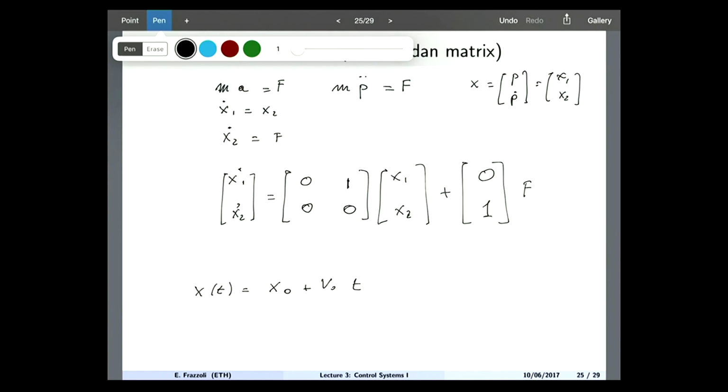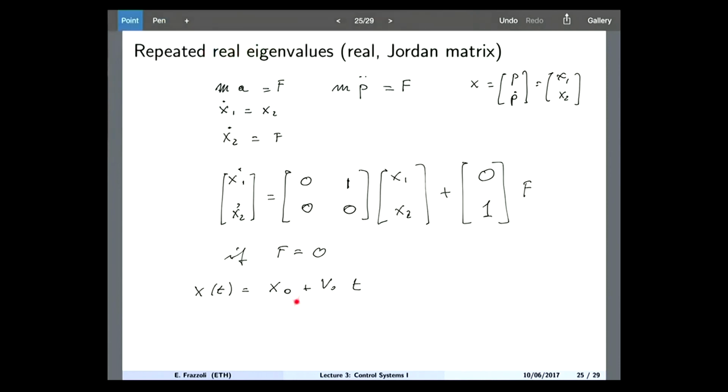So if the force input is 0, then my x of t will be given by my initial position plus my initial velocity multiplied by time. This is the formula for uniform rectilinear motion. And you see that we got this just by simple math.